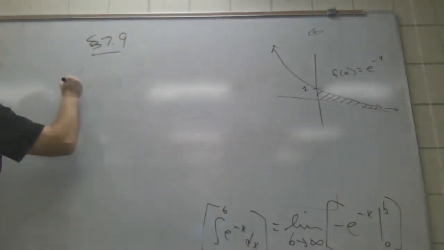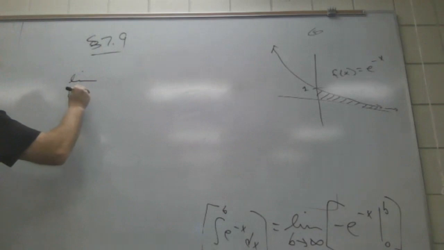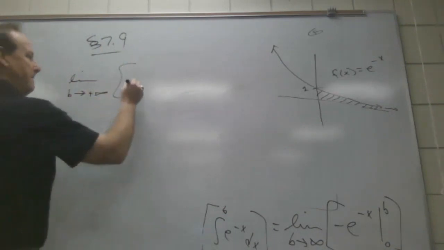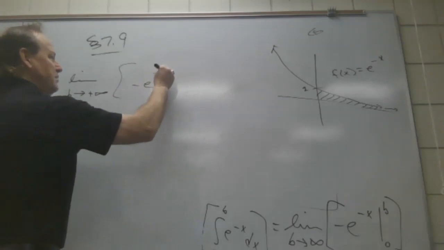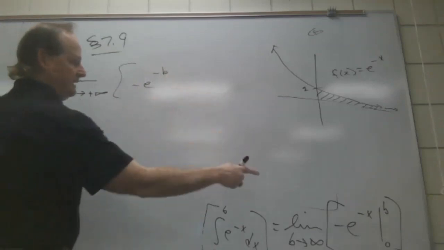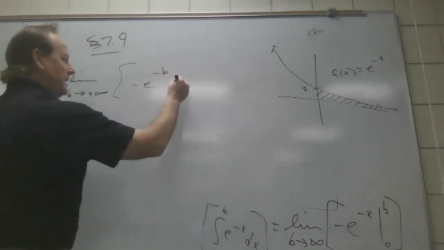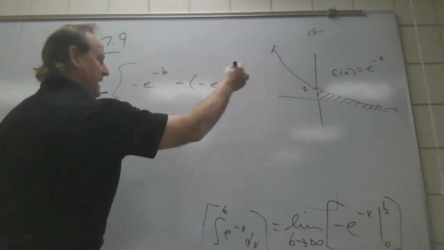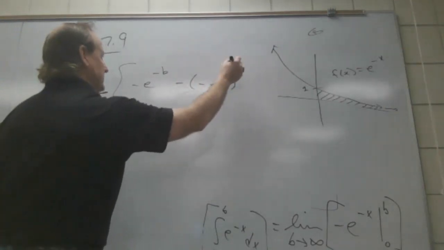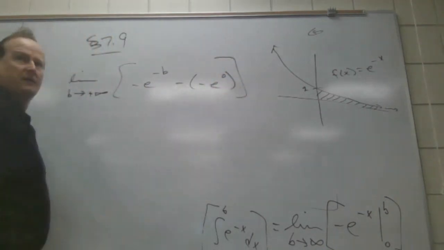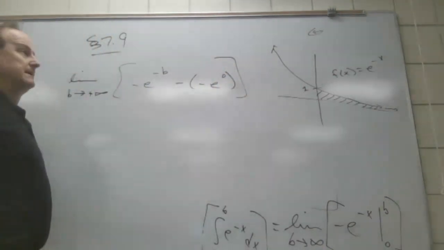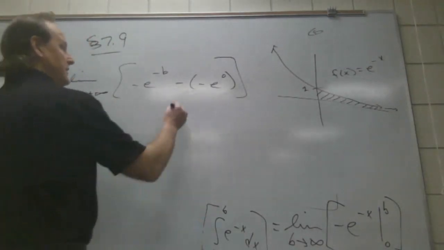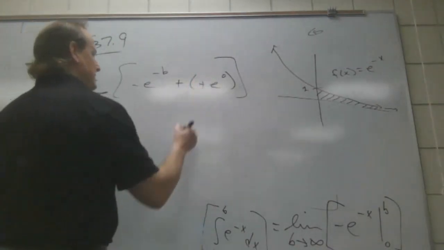So this is going to be the limit as b goes to positive infinity of minus e to the minus b, and then it's upper limit minus lower limit, so minus e to the minus 0, which is just 0. Of course, what's e to the 0 power? 1.